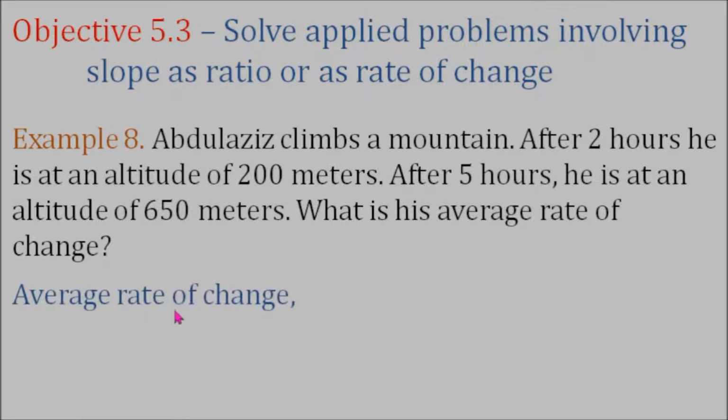So the average rate of change is actually the slope, with the formula m equals y sub 2 minus y sub 1 over x sub 2 minus x sub 1. So 2 hours is our x sub 1, 200 meters is our y sub 1, then 5 hours is our x sub 2, and 650 meters is our y sub 2.